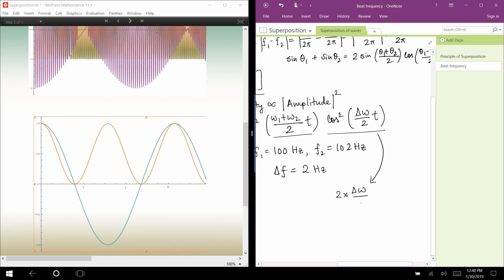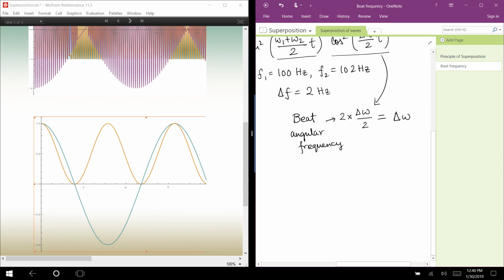That's the angular frequency, right? If you call it the beat angular frequency, yeah. So for the beat angular frequency, this is the result. 2 divided by 2 cancels, and so we get delta omega. And corresponding to this angular frequency, we have the linear frequency.